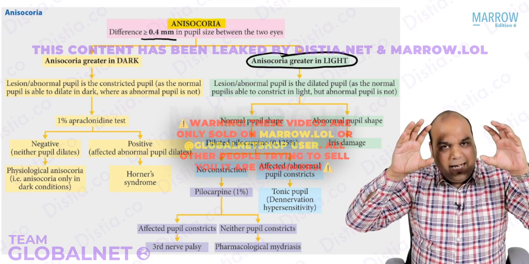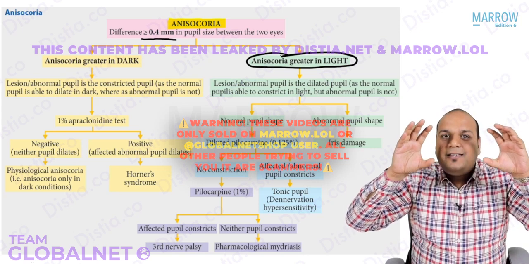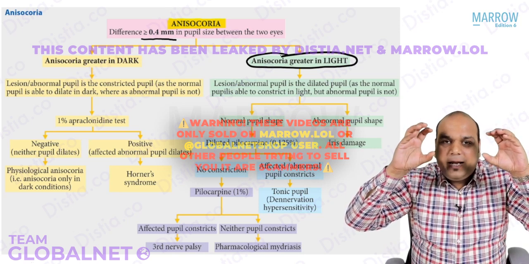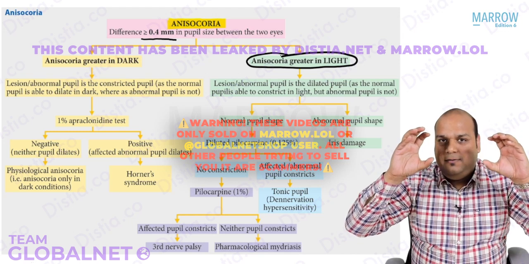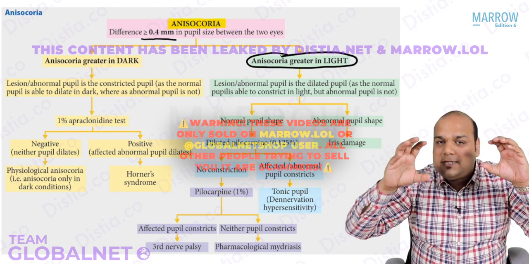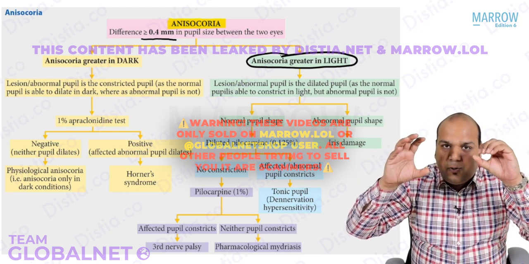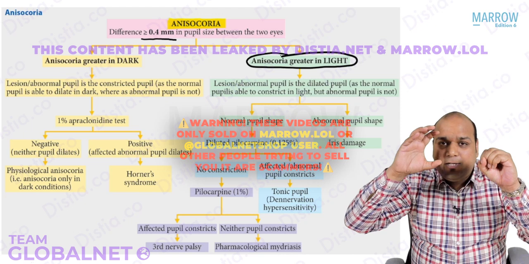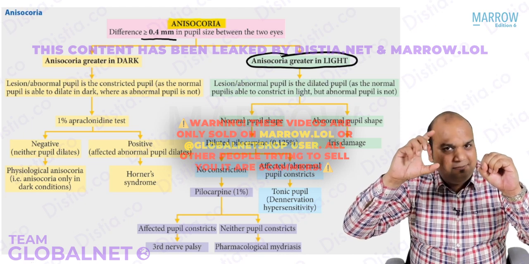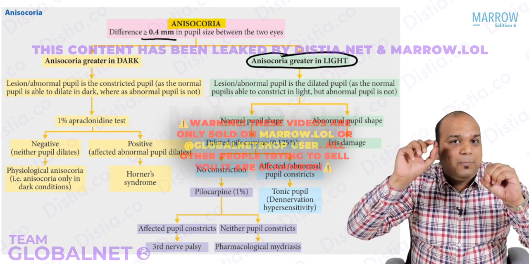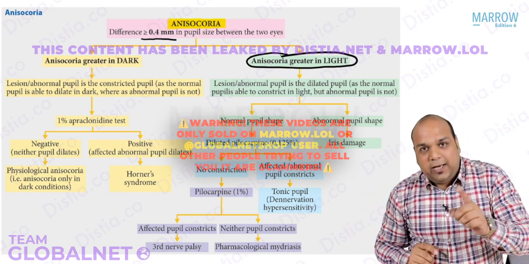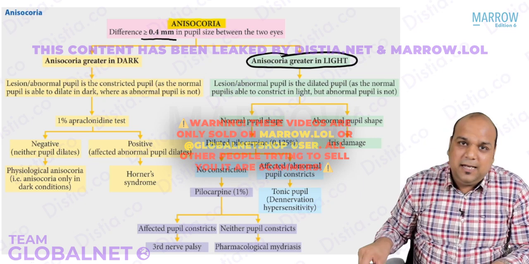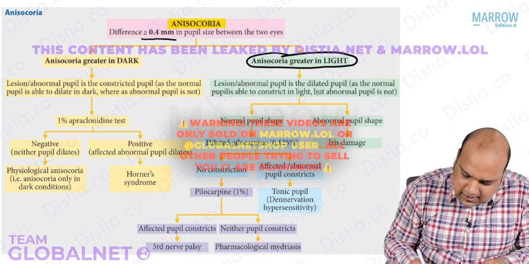That means in the dark, there is no anisocoria, both pupils are able to dilate. Dilatation of both eyes is normal. But when you go out into the sunlight, one pupil is able to constrict, one pupil is not able to constrict. Am I clear? So that means the problem is in what, everybody? Constriction. So if the anisocoria is greater in light, that means the problem is in constriction. That is what is written here.